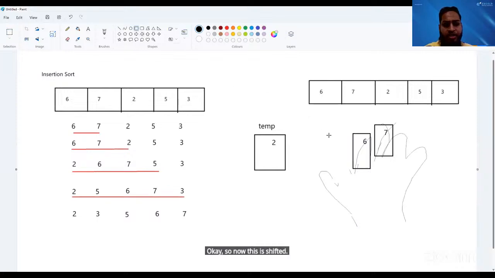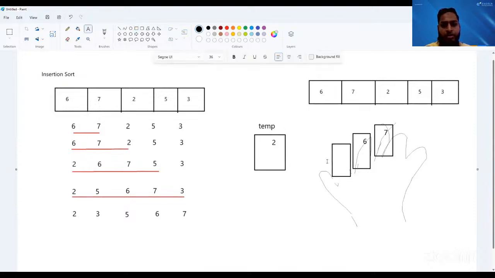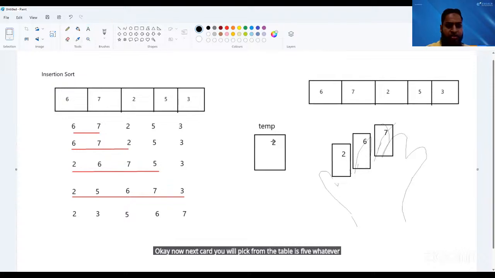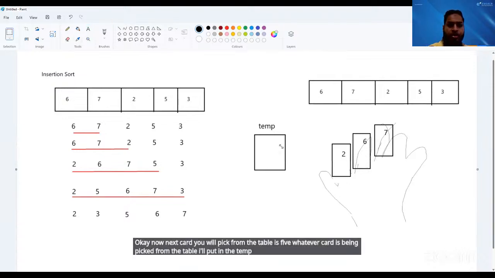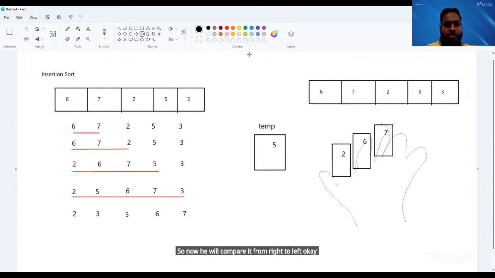So now this is shifted. Now there is space in the hand and card number 2 will come over here. Now the next card he will pick from the table is 5. Whatever card is picked from the table, I'll put in the temp. So temp is the card he has picked from the table. Now we have to arrange it. He will compare from right to left. This is the order of the comparison.